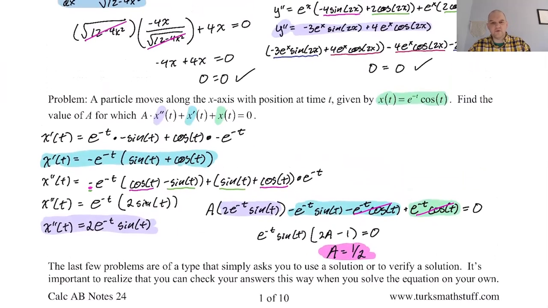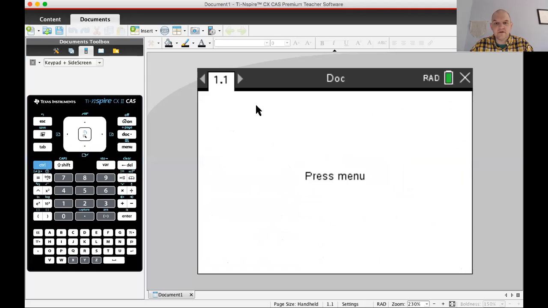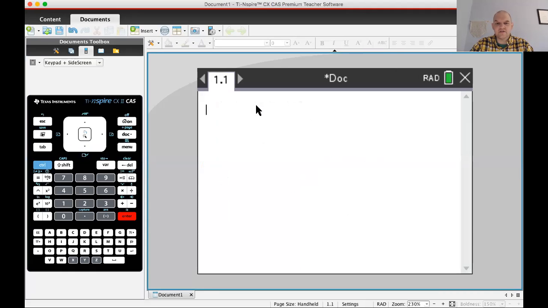All right, I think the calculator is probably awake now. Let's see if I can share it, and then I'll try to do this on the calculator. I'm going to add a calculator page. I'm going to define a function called x of t, which is always a little risky because now your x value will be defined. I do not generally recommend that, but if you do, just start a new problem before you do anything else.